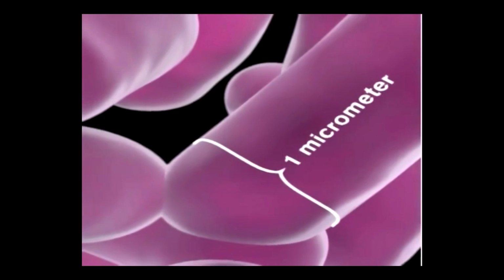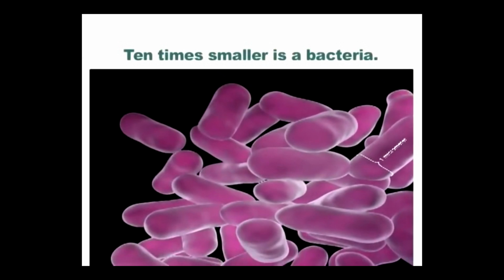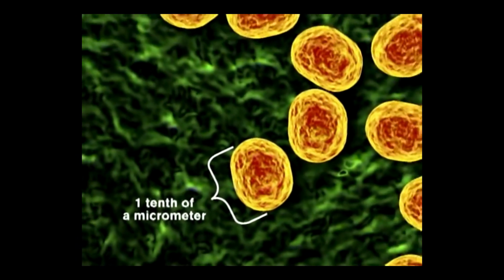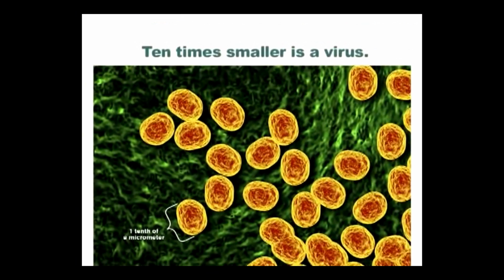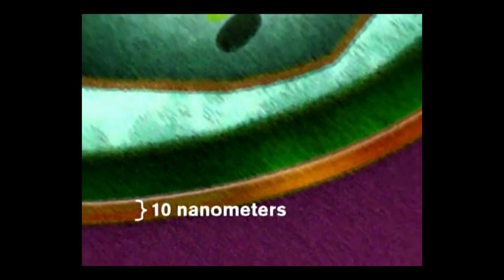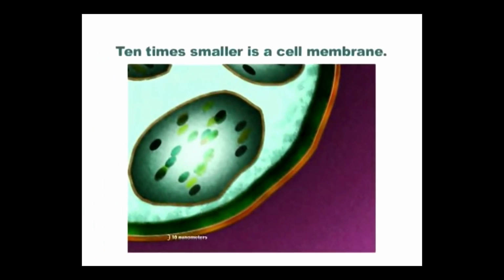Ten times smaller than a red blood cell is 1 micrometer, which is the size of bacteria. A virus is even smaller, 1/10 of a micrometer or less than a bacterium. And 10 times smaller again is the cell membrane, which is about 10 nanometers.